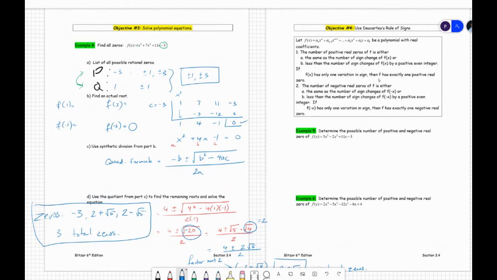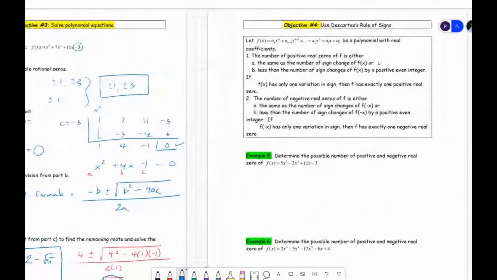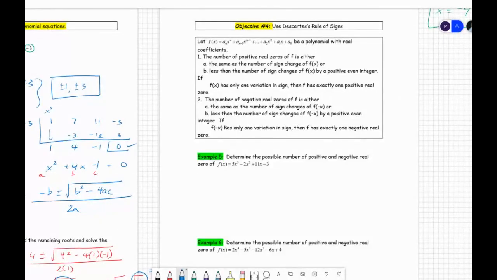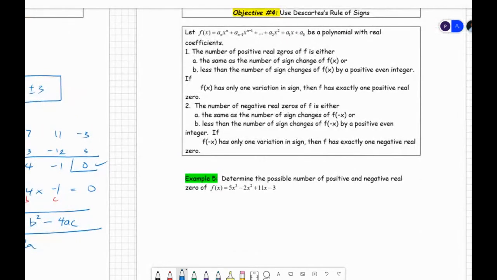Okay, so we will not be using Descartes' rule of signs because it's not very useful. The process is quite long, and I would say this is not very useful for any future classes because this is only a one-time use thing. The only thing Descartes' rule of signs is good for is to tell you how many positive and negative real zeros there may be.